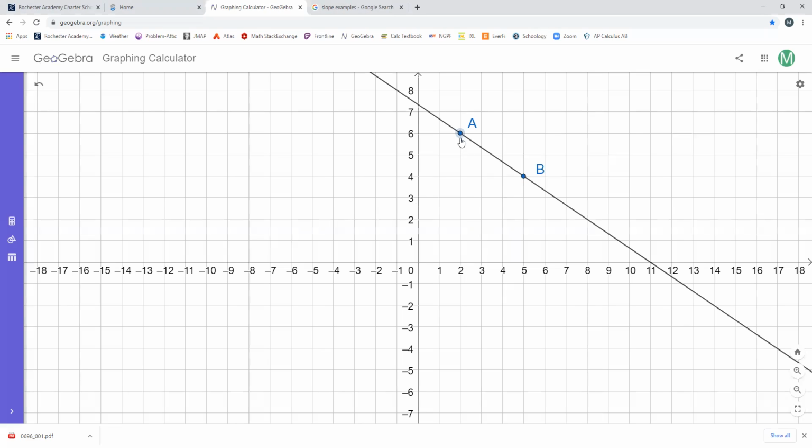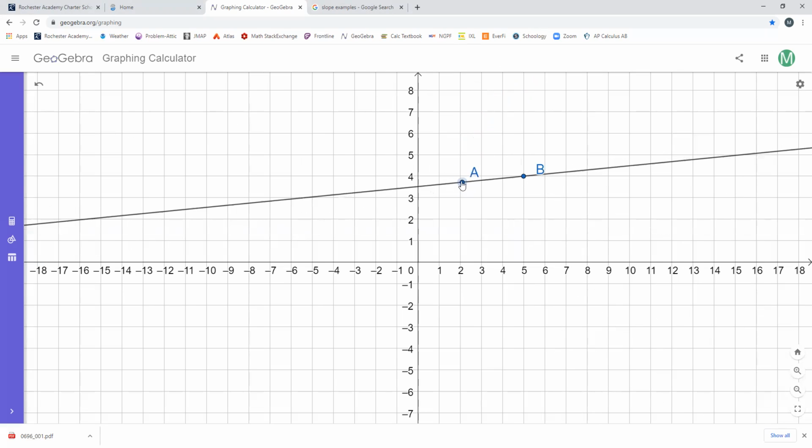So if I think of this slope as negative 2 over 3, I'm going to get that the slope of this line is negative 2/3. Again, it's between 0 and negative 1, so it's a pretty gentle slope, as opposed to something like this, which is going to be less than negative 1. So that's going to be a very steep negative slope.